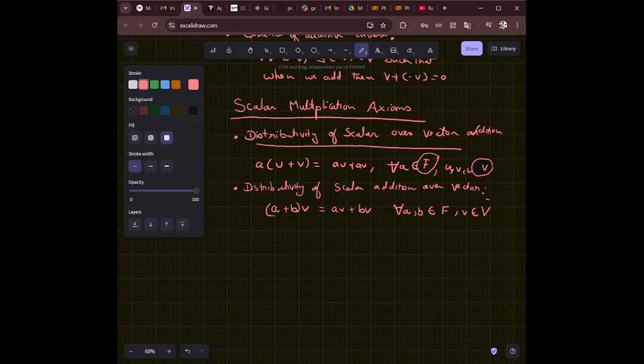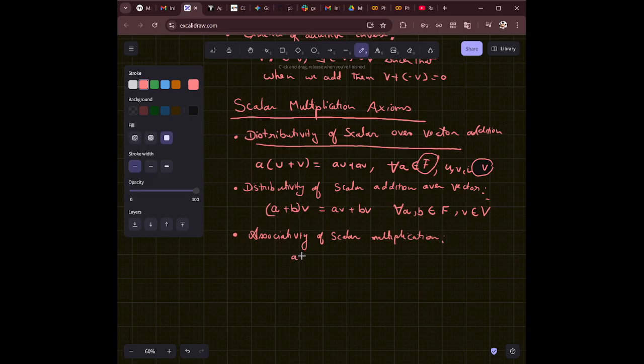Okay, so the next axiom is associativity of scalar multiplication.